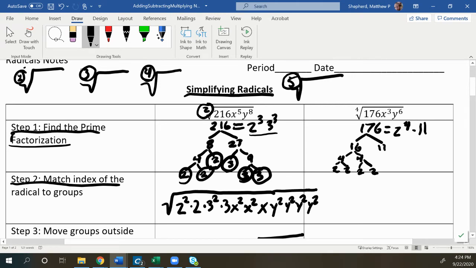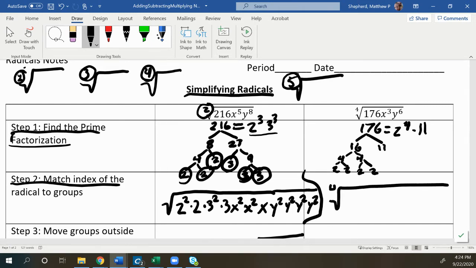All right, so now as I start writing this root, so fourth root of 176, we are now changing that to 2 to the power of 4 times 11. Then we have x cubed y to the power of 6.